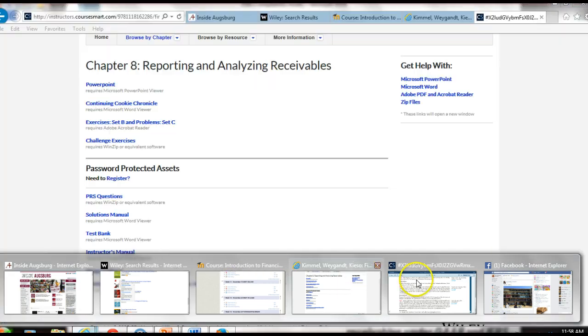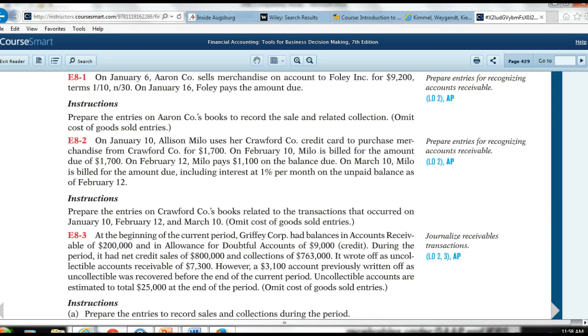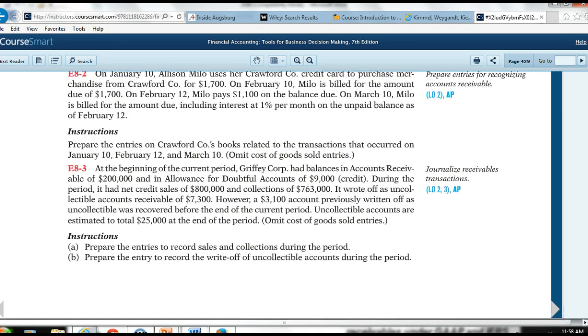Now let's go back and let's look at another problem, 8-3. At the beginning of the current period, Griffey had balances in the accounts receivable of $200,000 and in allowance for doubtful accounts of $9,000, which was a credit. During the period, it had net credit sales of $800,000 and collections of $763,000.